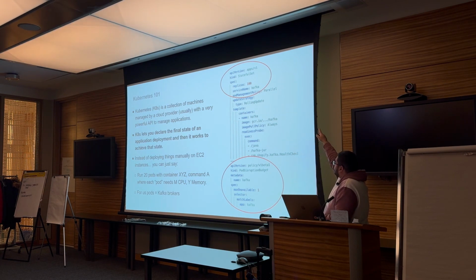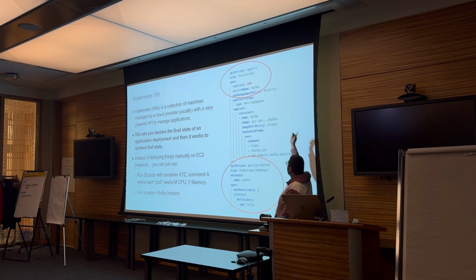So this is, for example, a really torn down version of our Kafka deployment. This file is literally thousands of lines, but I've stripped it down and kept the most important thing. I'm saying deploy a stateful set, and forget what that means for a second. 100 replicas of this thing called Kafka, and here's an image for it, and here's the command I want you to run on it.